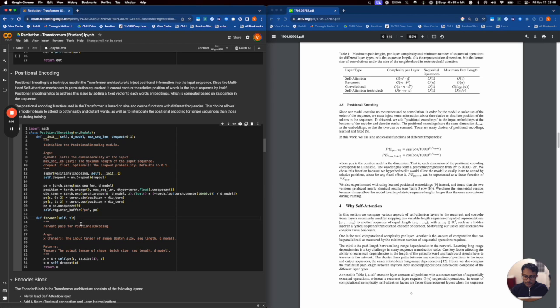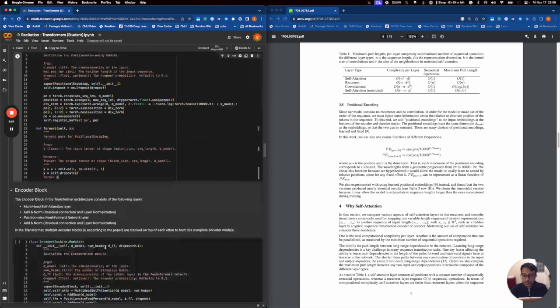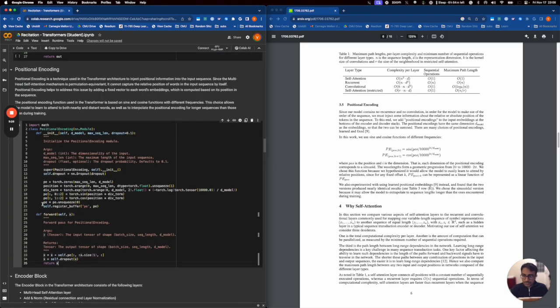And basically we add it to the input embedding, right, which perturbs the values of the tokenized input and the embeddings by a certain amount so that the model is able to distinguish what each position is in the model and gain a sense of recurrence, if you will, right? And you have the dropout here for regularization purposes.